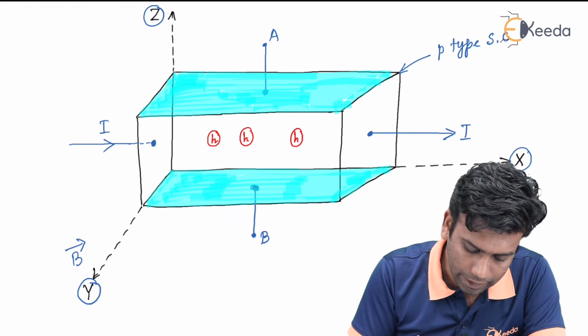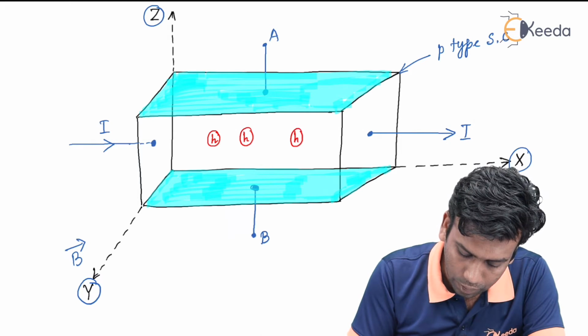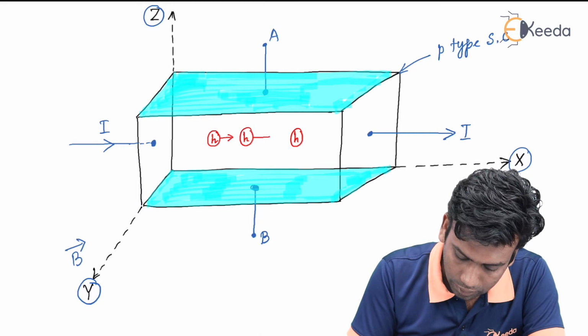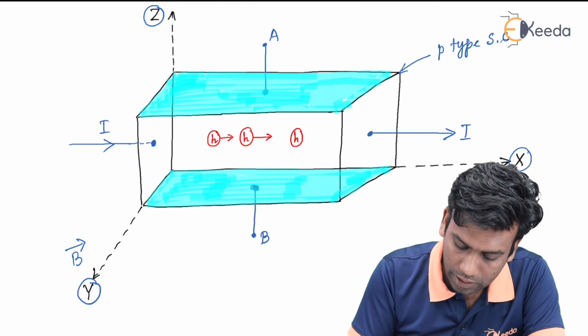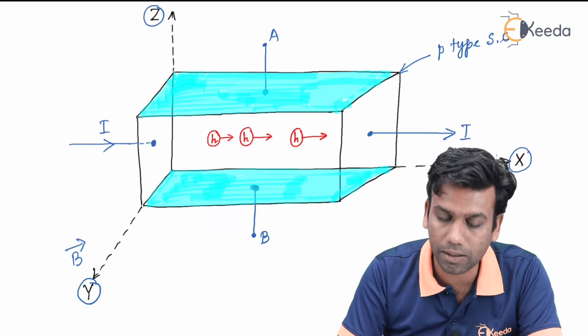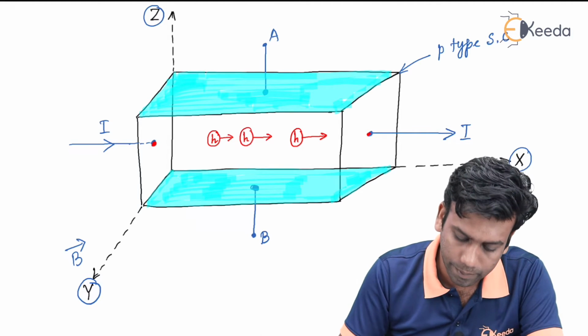Now, when the current is flowing through the semiconductor, the holes are moving in this direction, because these holes carry the current inside the semiconductor from this plane to this plane.